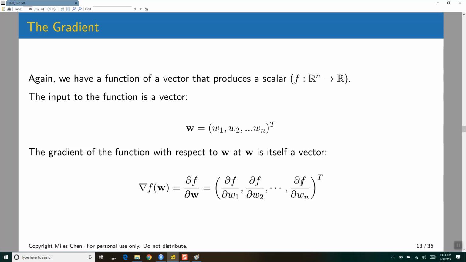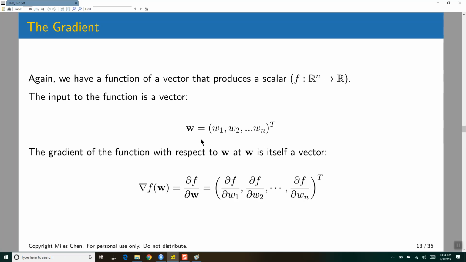Again, the function produces a scalar value, and when you take the derivative of that function with respect to a vector, you're going to get a vector. So the gradient itself is going to be a vector, the vector of partial derivatives with respect to each component in this vector w.